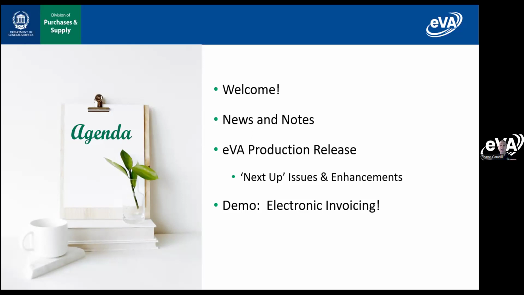But since March, we've done a little designing, worked with some folks across the Commonwealth and here at DGS, got a little feedback, and we've done some configuring. So we're getting much closer to what electronic invoicing is going to look like, and I'm excited to show you that today. More to come on that.